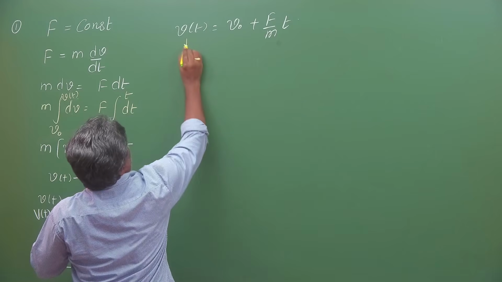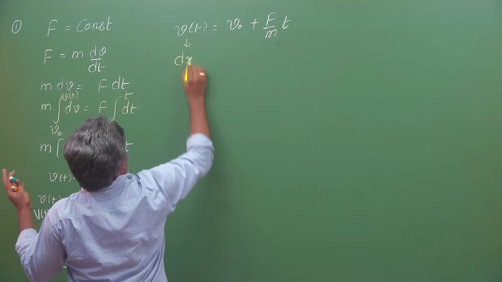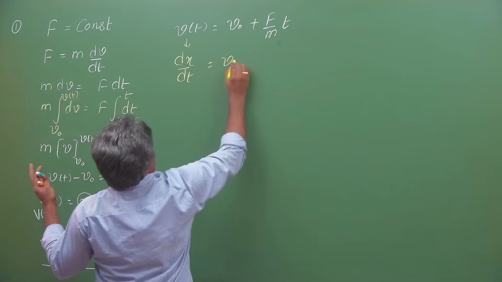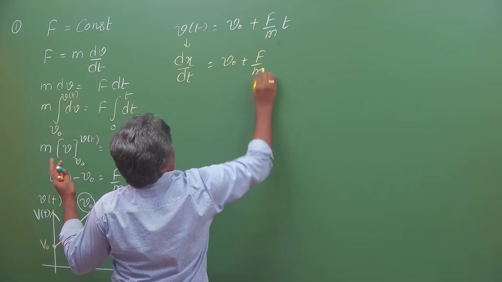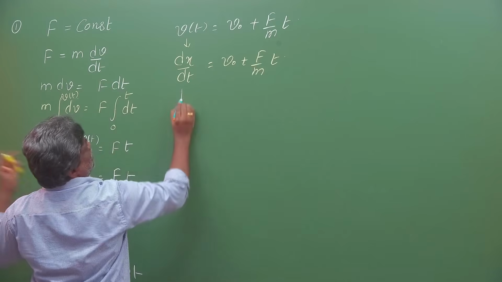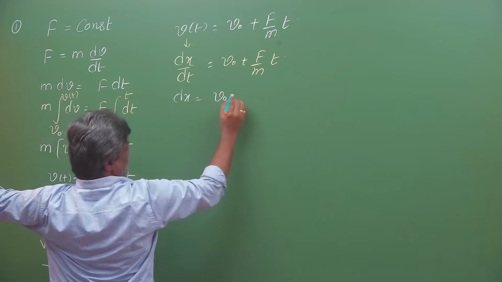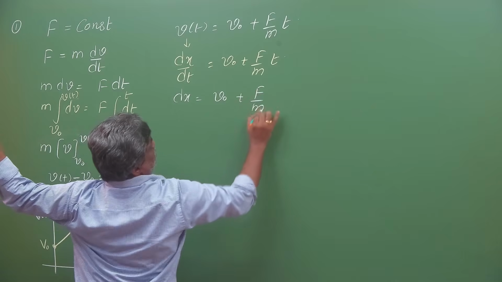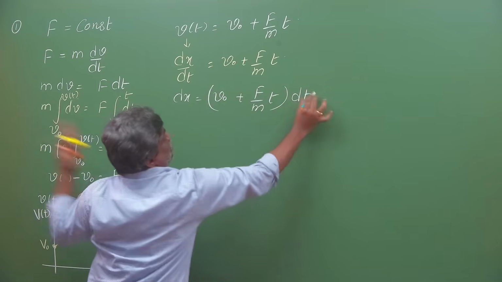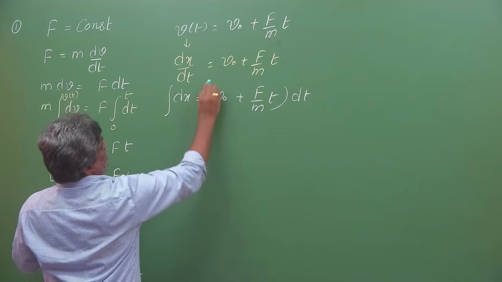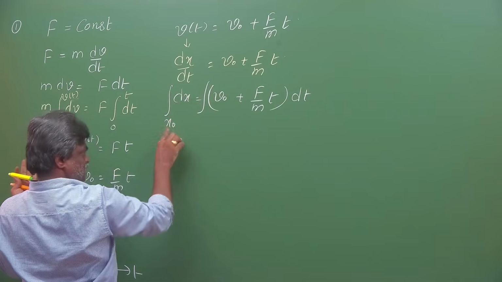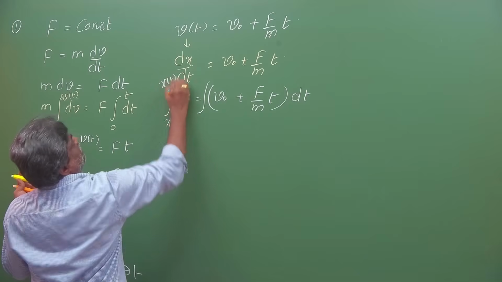After getting v of t equal to v naught plus F by m into t, I told you how to find x. v is nothing but v naught plus F by m into t. Now cross multiply, dx equal to that. Integrate, generally initial, final x of t.